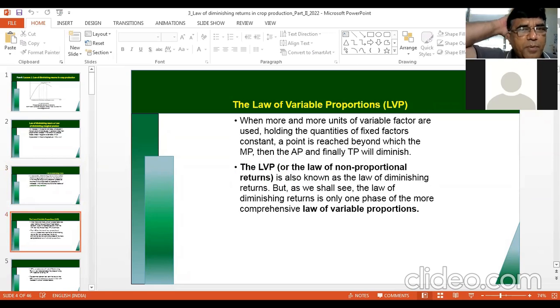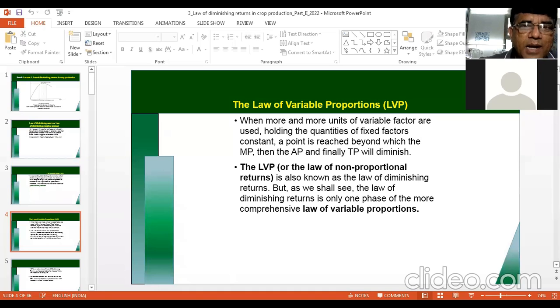Now, law of variable proportion. I was discussing in the beginning, I threw a question at you: can you tell me the difference between the law of variable proportion and the law of diminishing return? Actually there is a little bit of difference, a very minor difference. The law of variable proportion includes your law of diminishing return.